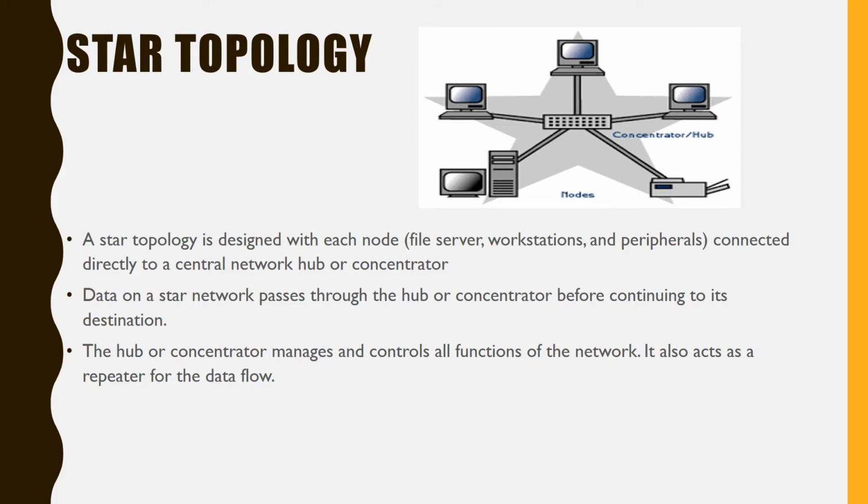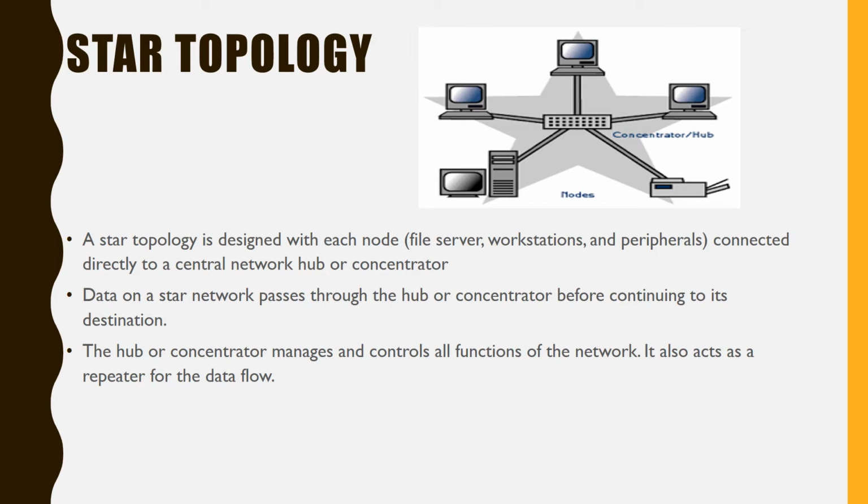That means, as I told you, the server is connected to each node directly. That means a separate piece of wire is used to connect each node directly to a server through a device known as a hub. Now, data on the star network passes through the hub before continuing to its destination.